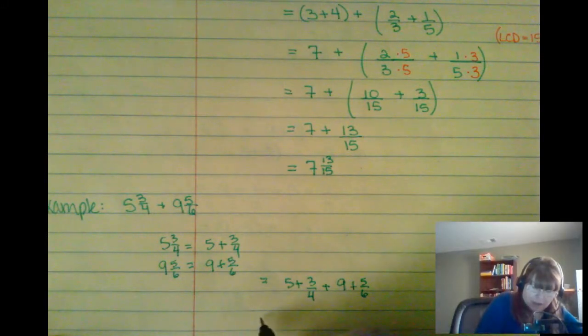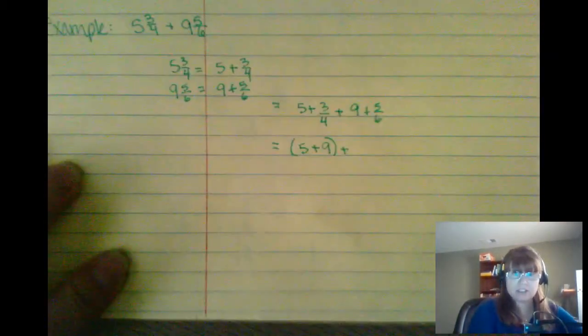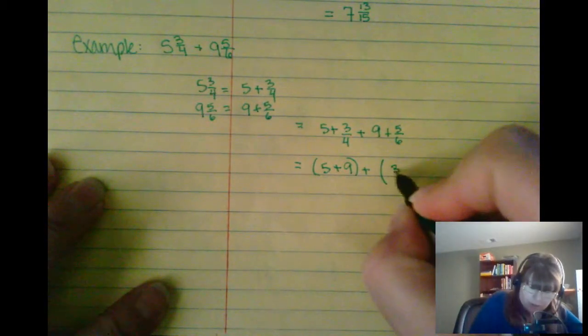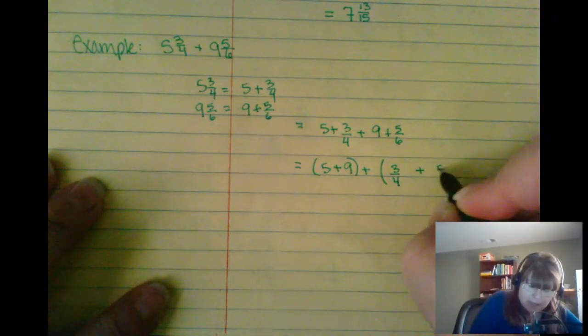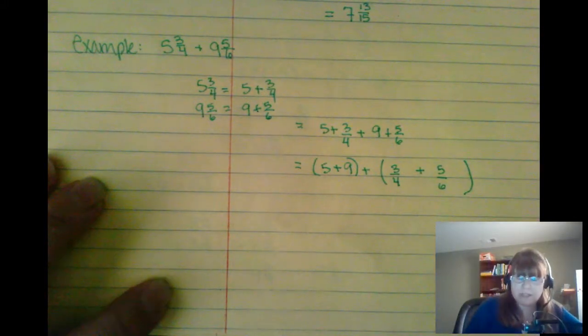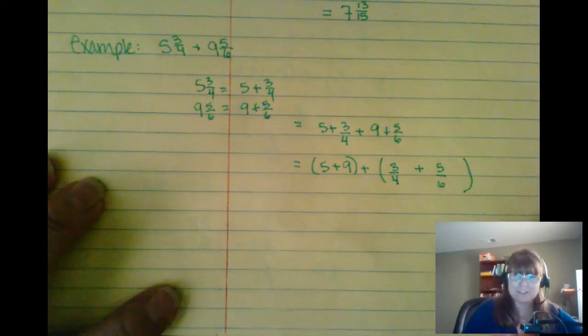Okay. I'm going to group my like terms. I have whole numbers and I have fractions, so I'm going to group them together. 3/4 plus 5/6. Okay. I just gave myself enough room to find the lowest common denominator.